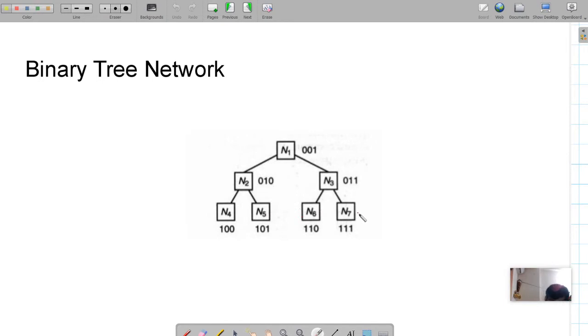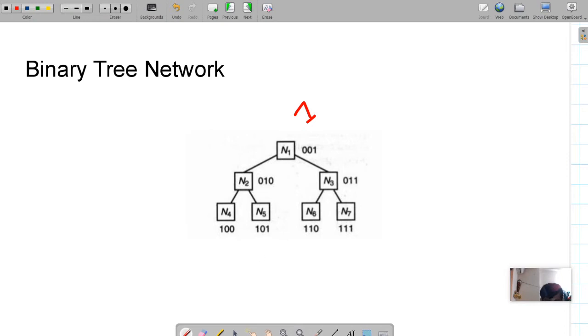Now, how to assign address to them? The root node has address 1. And the addresses of the children of a node are obtained by appending 0 and 1 to the node address.